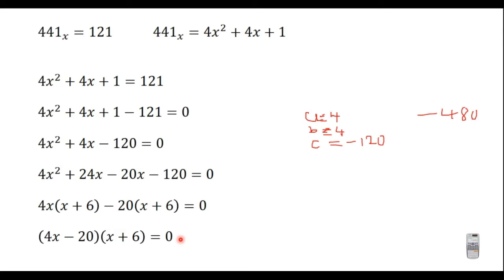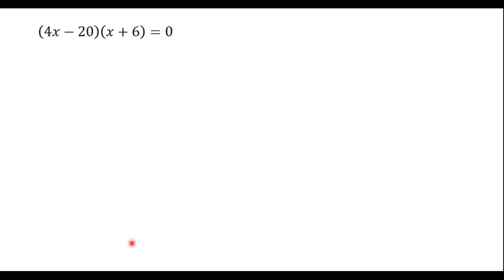Remember that if you have two things being equal to 0, it's either the first one is 0 and the second one is not 0, or the first one is not 0 and the second one is 0, or both of them are 0. So here, in order to find x, we equate each one of them to 0. So we equate the first bracket to 0, we equate the second bracket to 0.